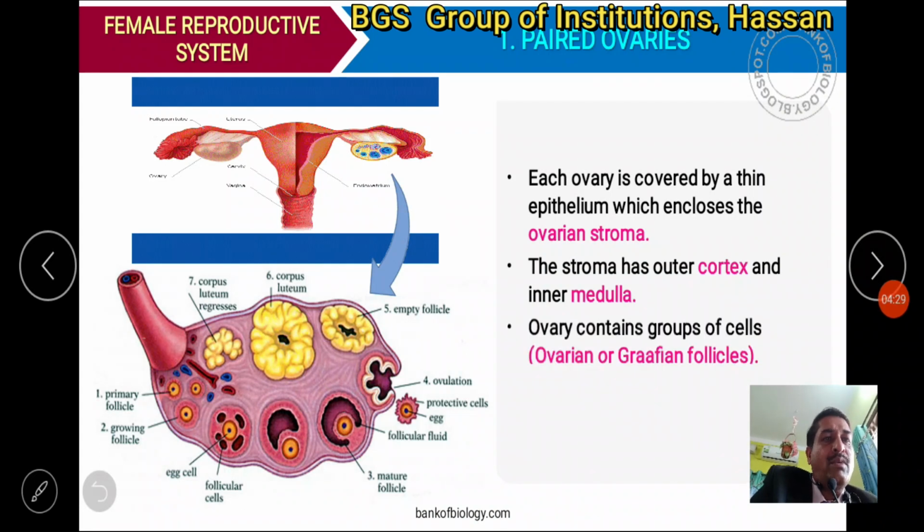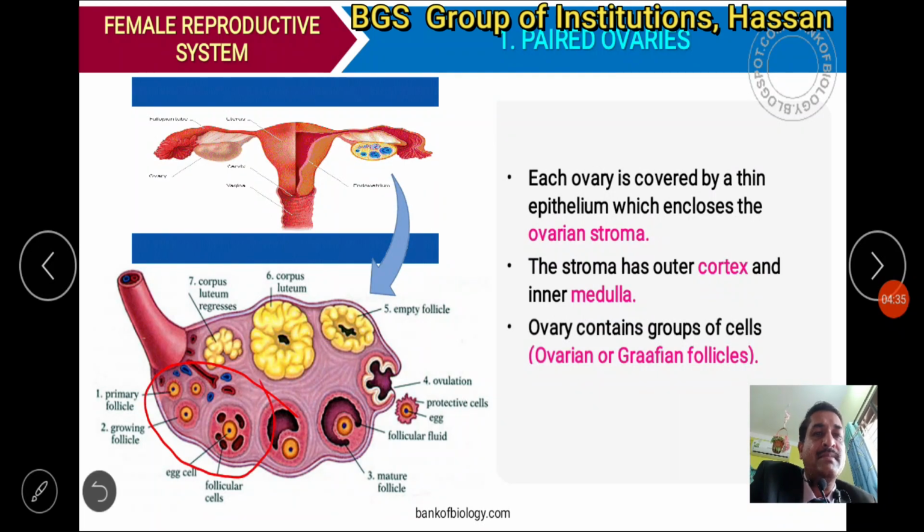The ovary contains a group of cells. Here we can see a group of cells. They are called ovarian follicles or Graafian follicles. You can see them in this diagram.